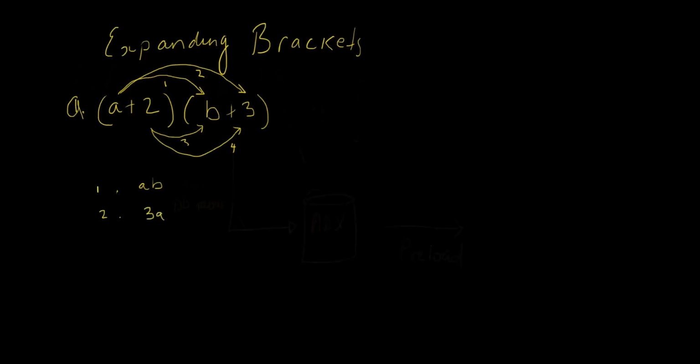The third item becomes 2b. And then the fourth item becomes 6. So when we add that all together, it becomes ab plus 3a plus 2b plus 6. That's it. That's the expanding bracket. That's an easy one.